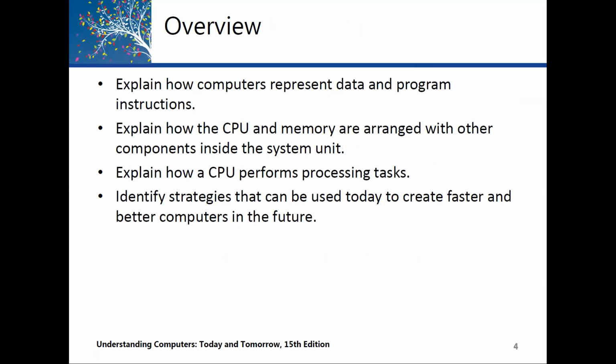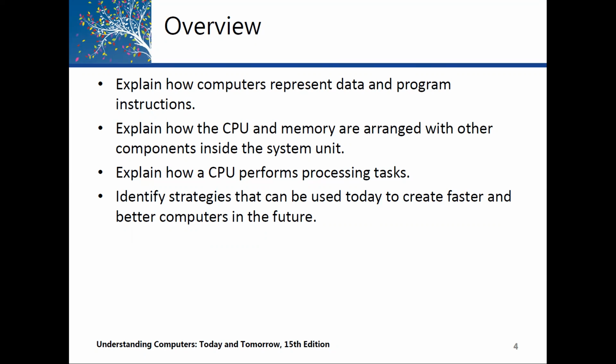As an outcome, we'll be able to explain how computers represent data and program instructions. In this lecture, we will focus on this component only, to understand how the computer represents data and programs. In the coming lectures from this chapter, we'll see how the CPU, memory, and other components are arranged inside a system unit.